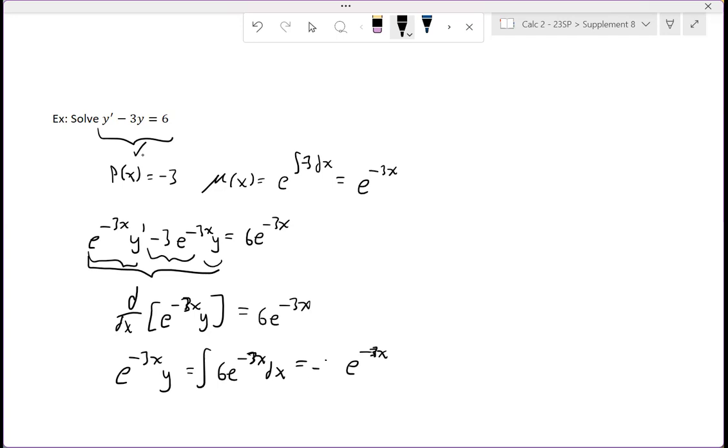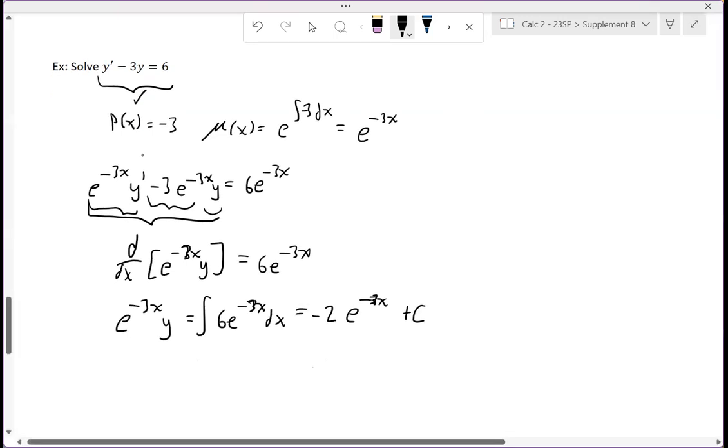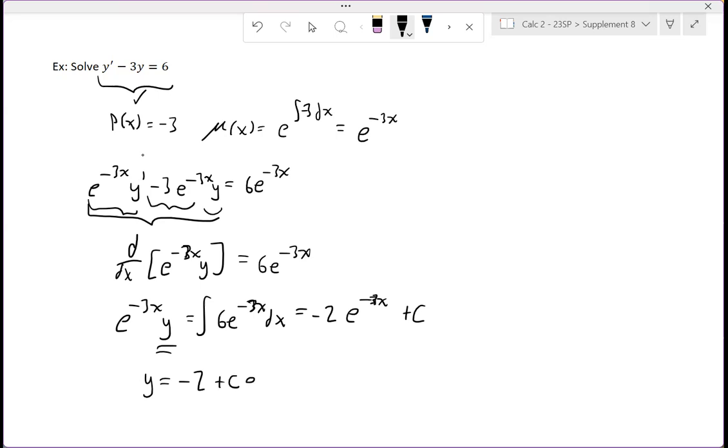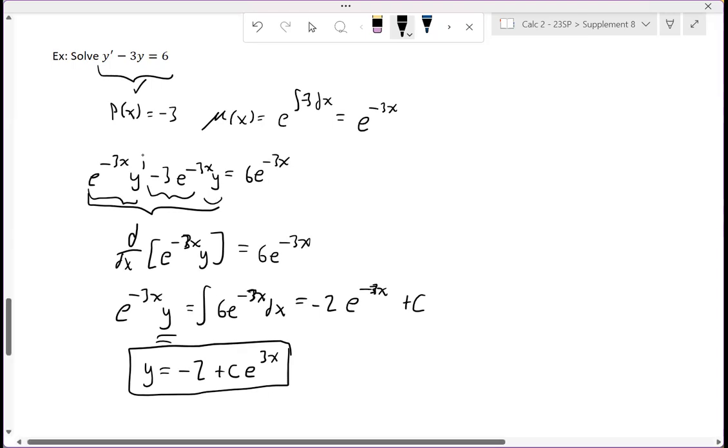So this is going to give me a negative 2 here, e to the negative 3x, and then plus c. And then solving for y by multiplying by e to the positive 3x, I get y as negative 2 plus c e to the 3x. And that's my solution to the differential equation.